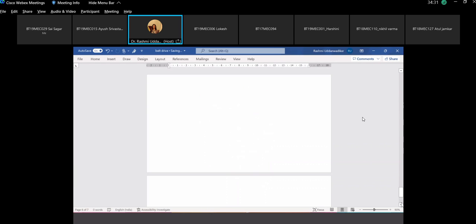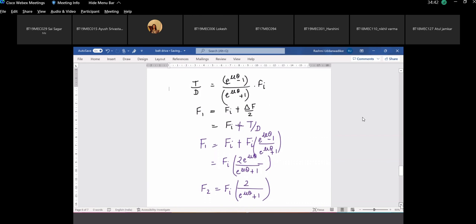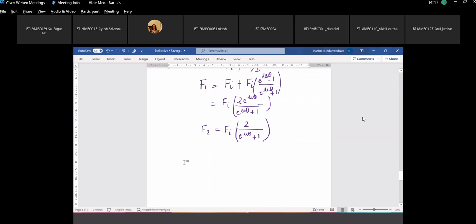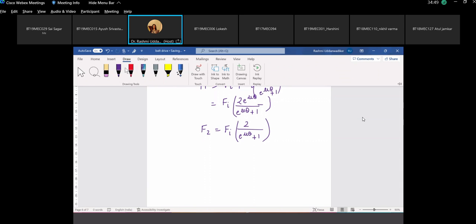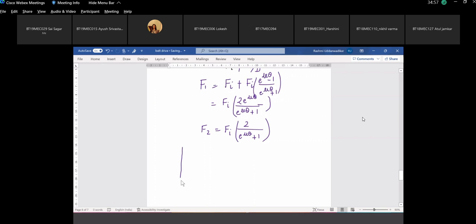And if I plot a graph for understanding the effect of initial tension on the final tight side and slack side tension, if this is how the initial tension changes, and this is the belt tension.